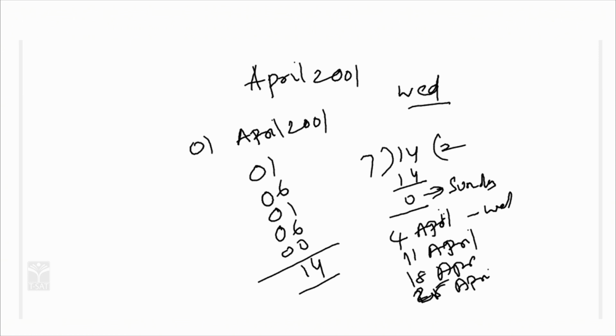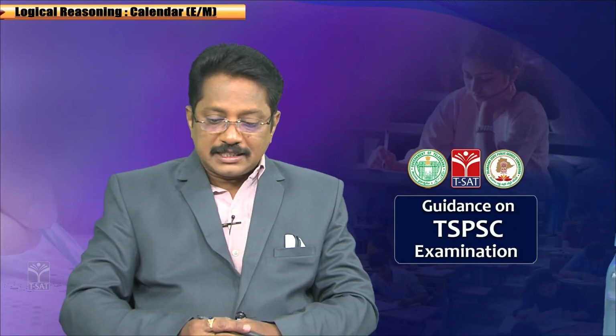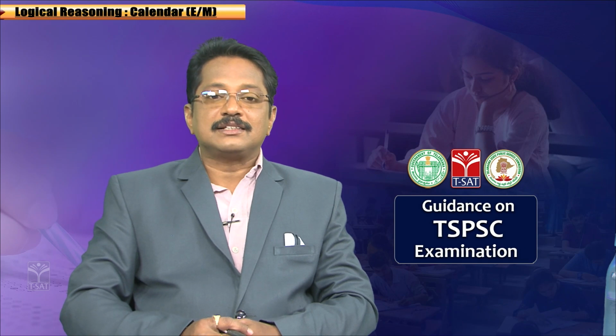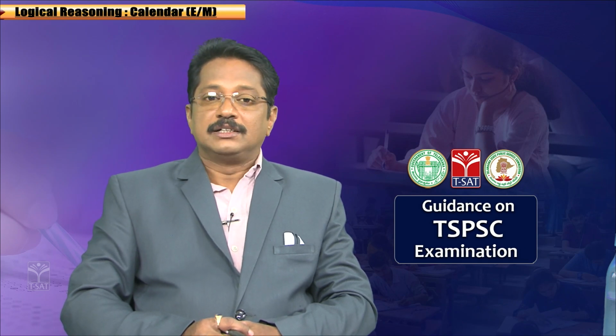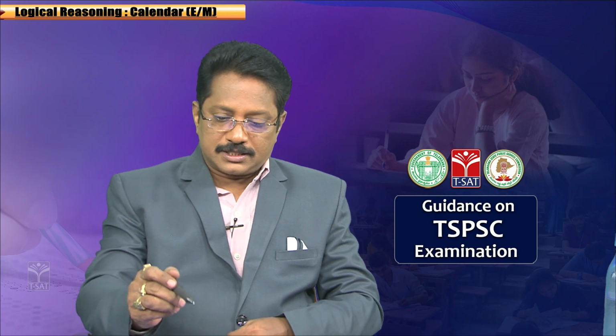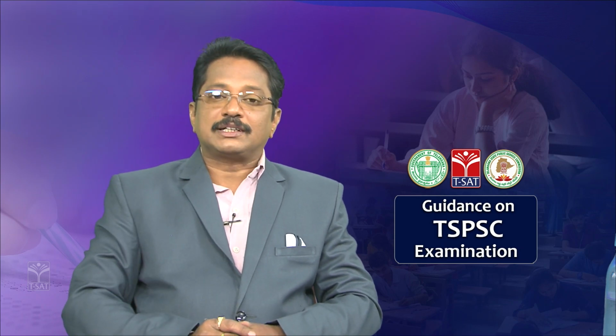So what are the days which are Wednesdays in April 2001? 4, 11, 18 and 25, correct. In this manner you can calculate it. Clear? This is another kind of question they will ask in the examination.